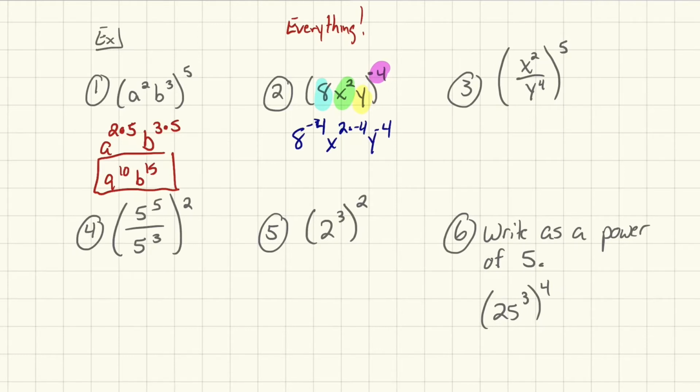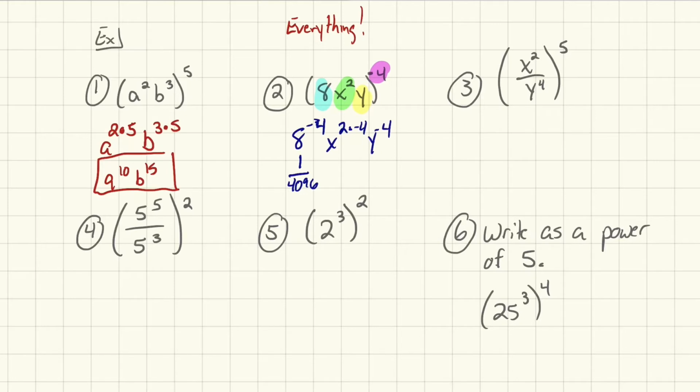All right, so now we have 8 to the negative 4. All right, we can simplify that. 8 to the negative 4 is 1 over 4,096. Why is it 1 over 4,096 though?